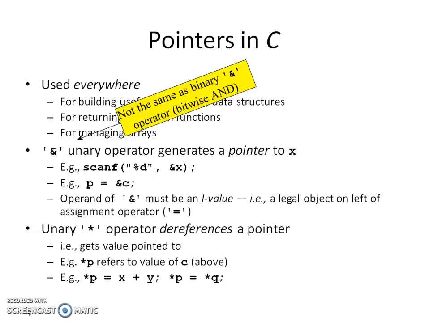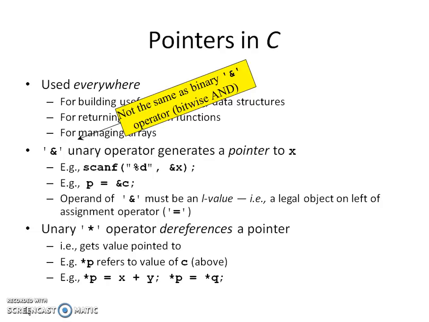This is not a bitwise AND operator. The unary asterisk operator dereferences a pointer, getting the value pointed to. So that is the address, and here it returns the value pointed to.